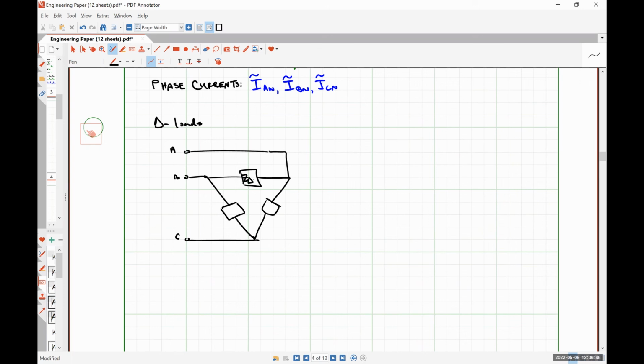I'm going to call this Z delta A. This guy is Z delta B. This guy is Z delta C. The other way to represent them is something like this.